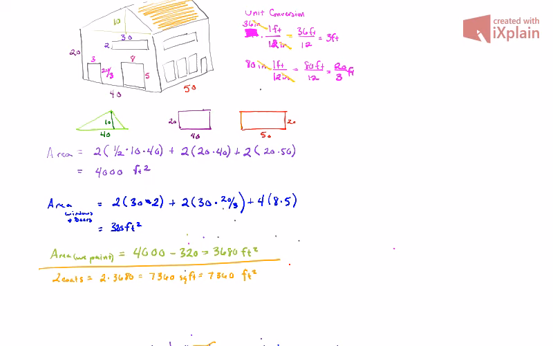So now that I know this, I know that each gallon can of paint is going to cover 500 square feet. So in order to find out how many cans I need, I need to do the following. Number of cans needed is going to be, well, I'm going to take that 7,360 square feet and divide it by 500.